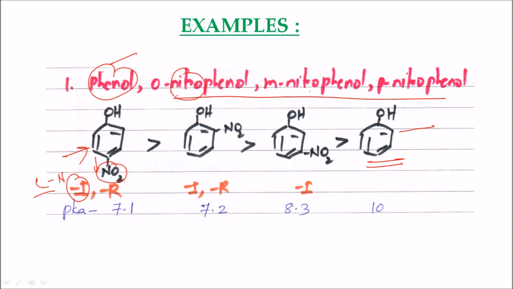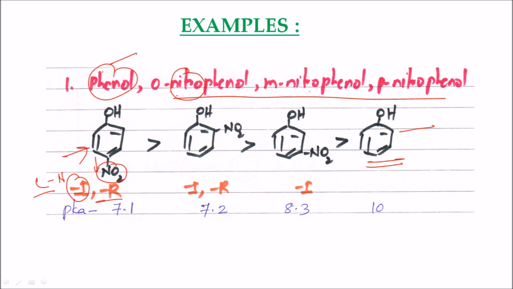Along with -I, it exhibits one more effect also. Remember, when you place NO2 in ortho and para position, it will show negative resonance effect also, because ortho and para positions are electron rich positions.